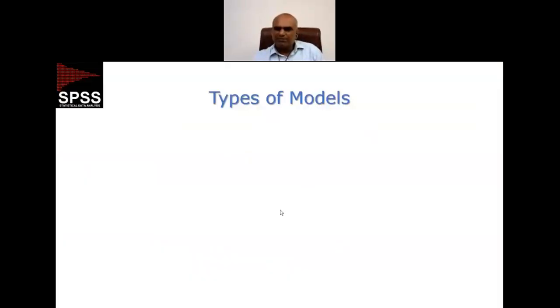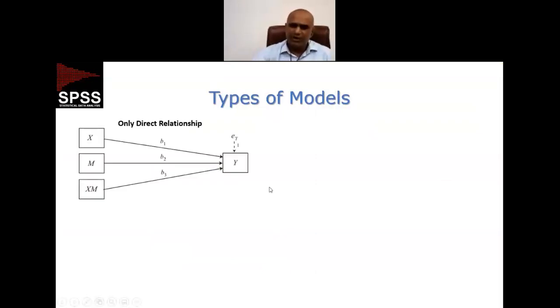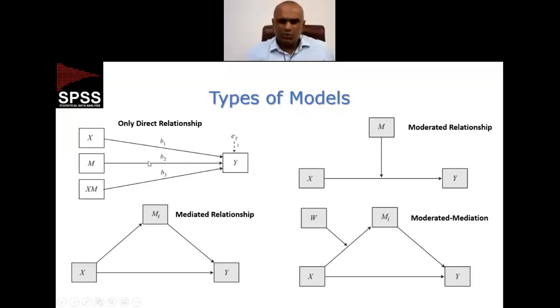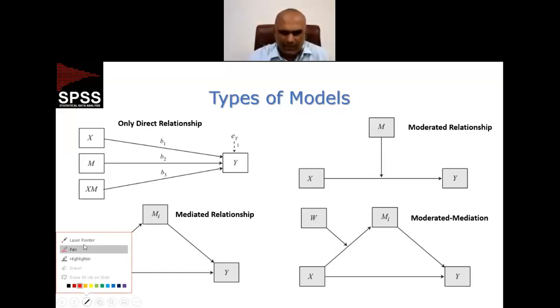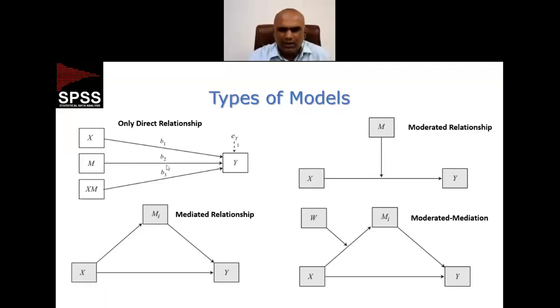For this type of analysis, I'll be doing only the regression. So this one where you see, let me show you. Okay. So here only direct relationship. This is something today we'll be focusing on.